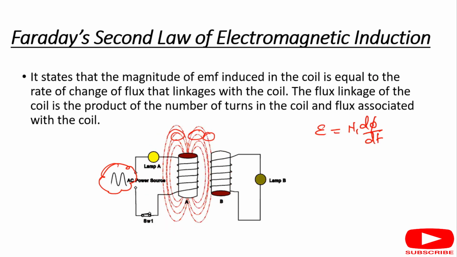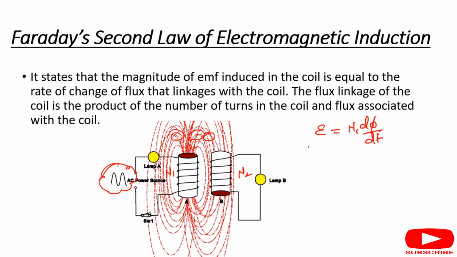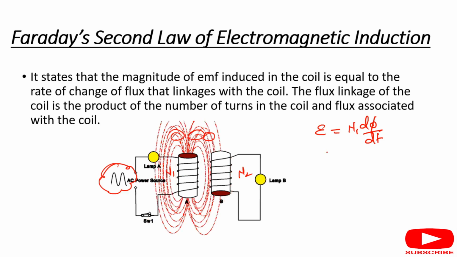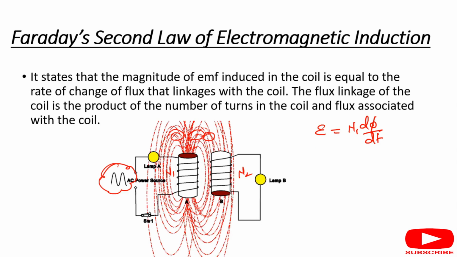Let us assume that N1 is the number of turns of coil A and N2 is the number of turns of coil B. Whatever the rate of change of flux with respect to time is linked in coil A of N1 turns, in that coil we have induced EMF, that is E equals N1 d phi by dt.